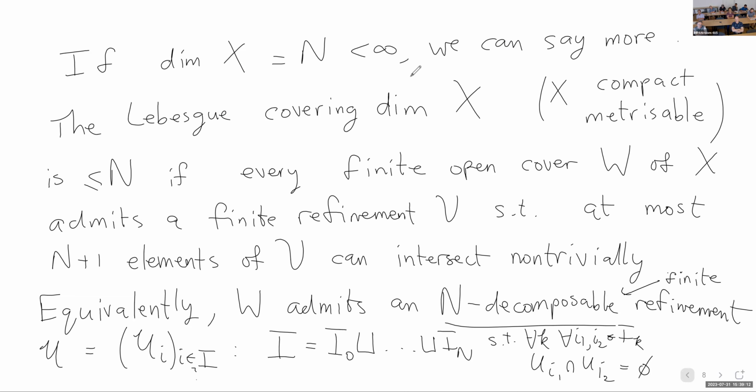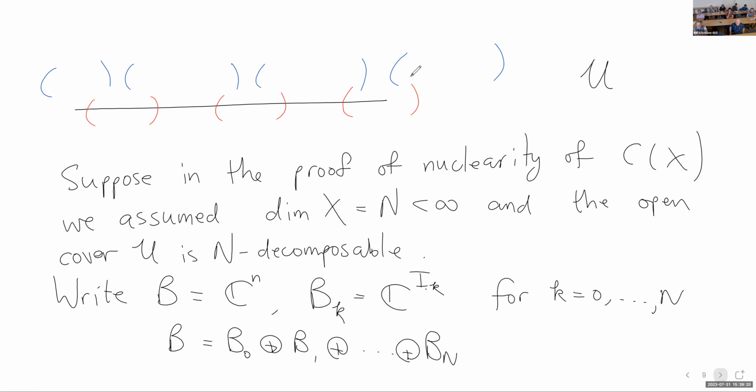So each set I_k represents a color. Okay, thank you. Partition of indices. Yes, this is an excellent term. Partition of indices. Okay, so let's remember, I'm writing A is C of X, and B is B_0 through B_k, and this is in fact C to the n.